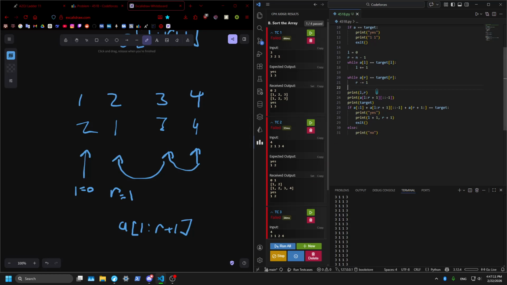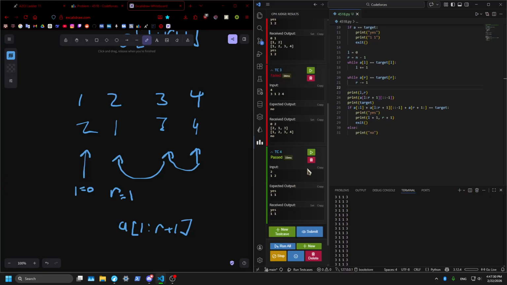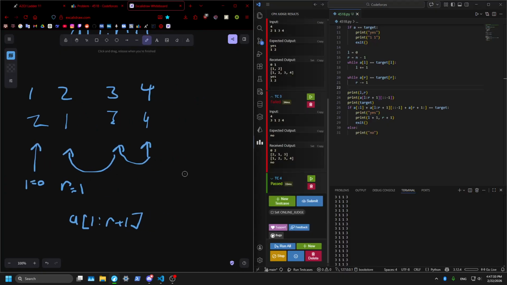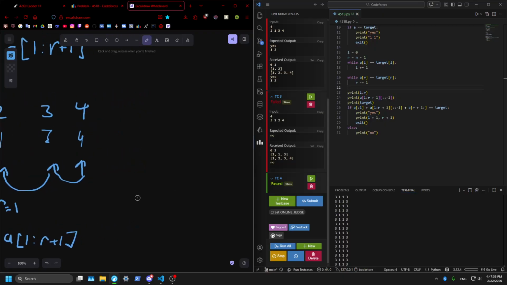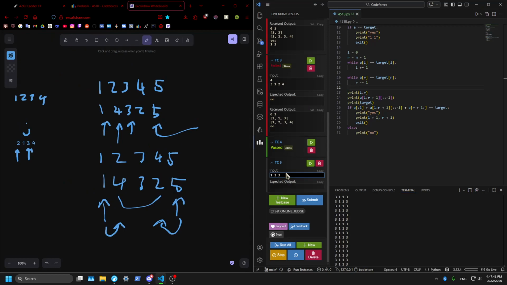Okay, I fixed it. Right. So okay. Now I need a case where there's like the input 5 1 4 3 2 5.